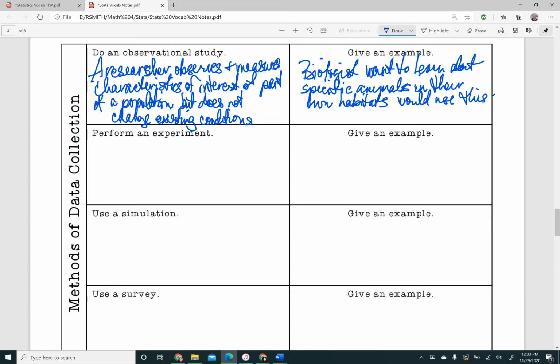We could perform an experiment. If we perform an experiment, a treatment is applied to part of a population and responses are observed.